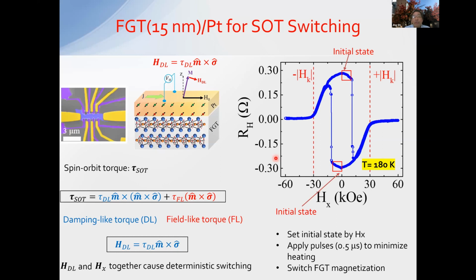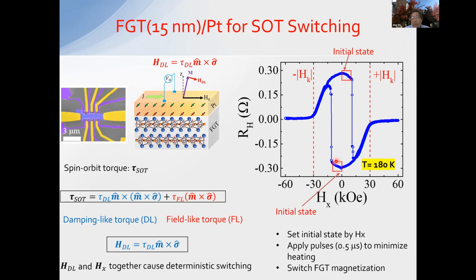To set up the pulse current switching measurements, I want to show this hard axis loop. By sweeping the in-plane field HX, there's a switching because of the slight tilt. Then for every switching event, we set up an initial state, either here or there.